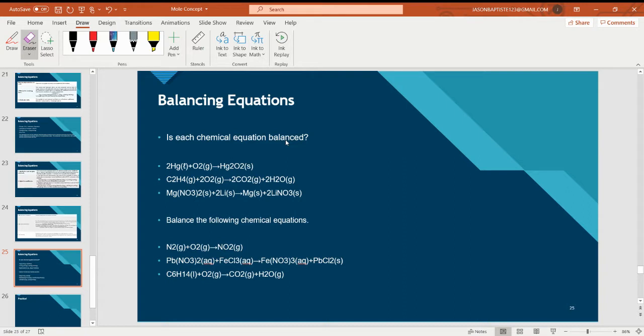And now we're going to work on these. We're going to balance these equations. So we have three equations here, and we're going to balance each one.